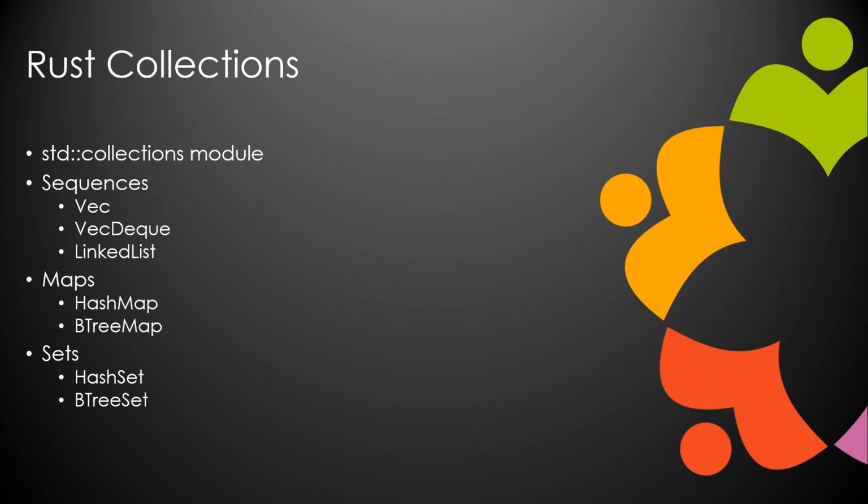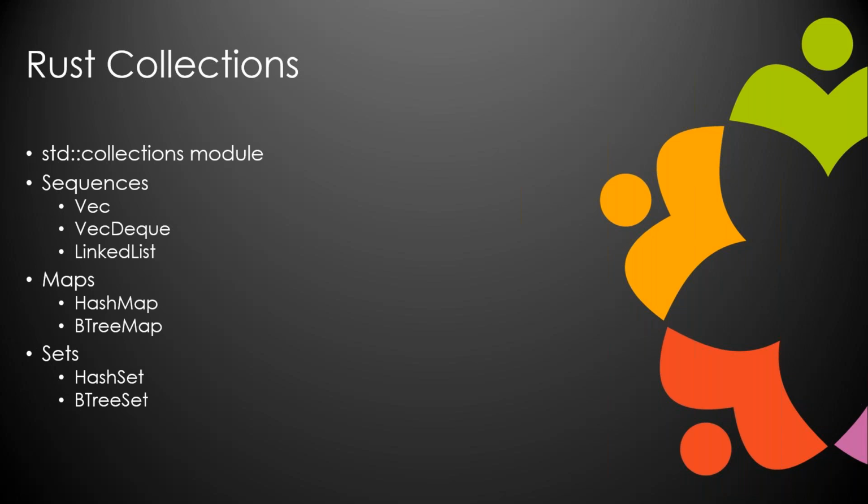Rust has a standard collections class in similar kind of way, and you'll see a lot of similarities here to what we saw with Java. Vec, an abbreviated name for vector, is the standard one. VecDeque is our double-ended queue of a vector.